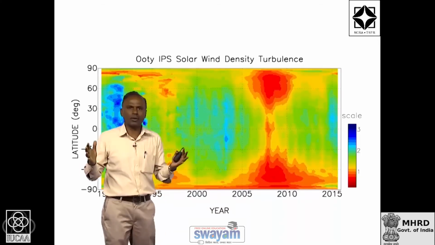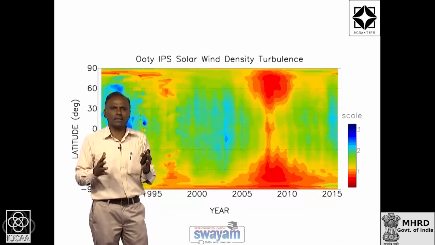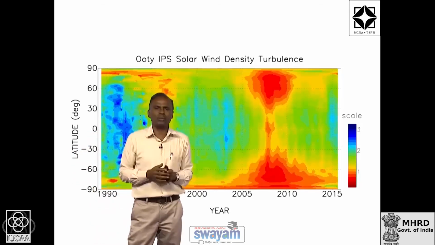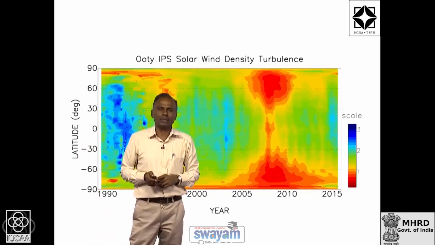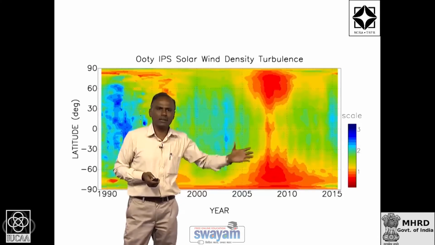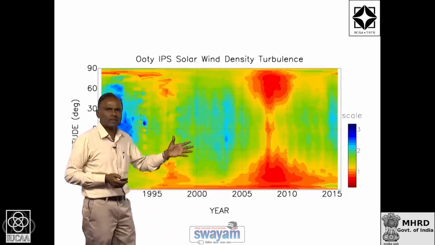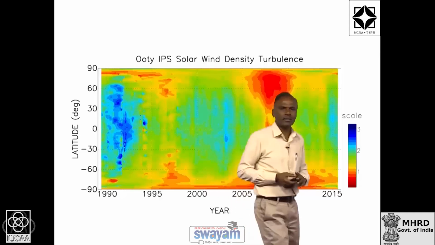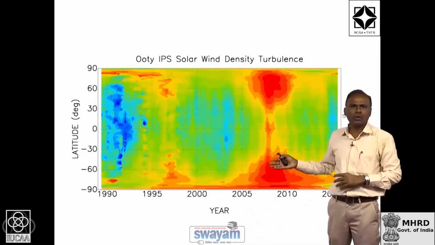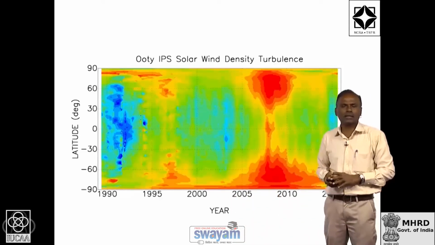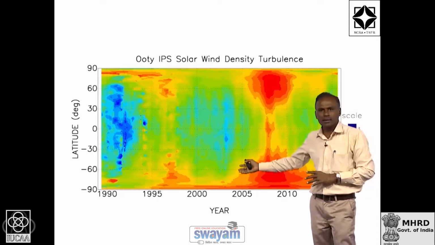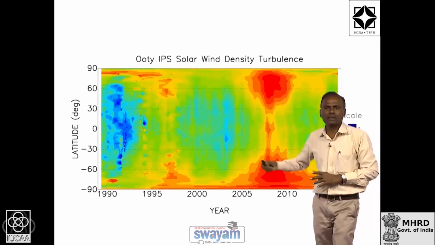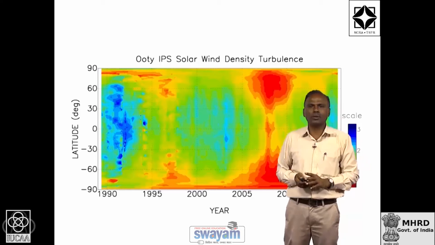These plots are from interplanetary scintillation observations from UT, and they are made at about 0.5 AU from the sun. So you can see one solar cycle to the other solar cycle, there is huge difference in density variation. For example, cycle 22 was dominated by high density, and the cycle 24 was dominated by the low density.